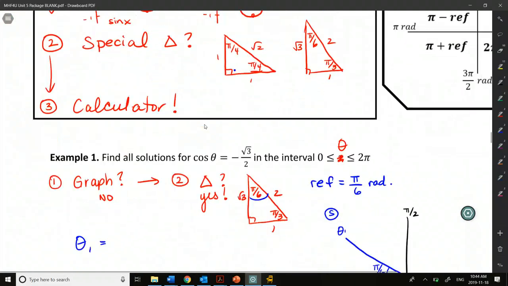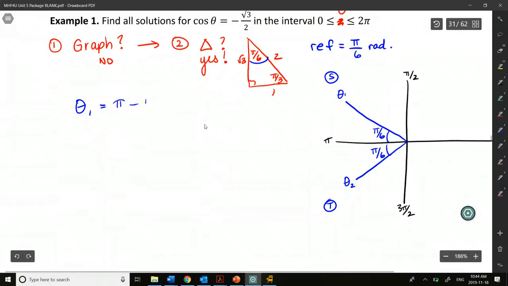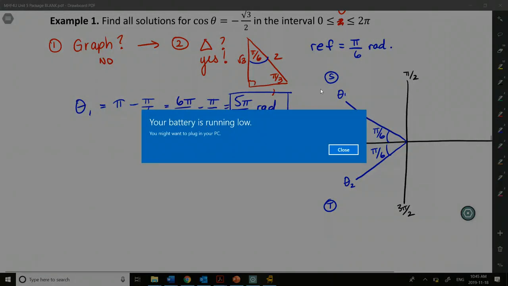We want it to be pi over 6 units before pi. So we'll do pi minus pi over 6. If you're not sure what that is, you can find a common denominator. And that is the location of 5 pi over 6 radians. The unit circle or the radian circle that we learned last chapter can also be helpful for this.